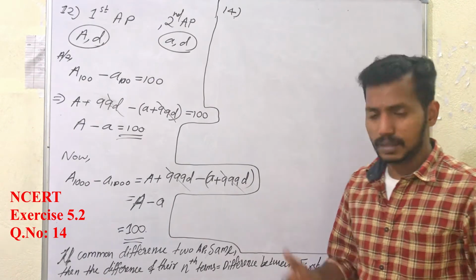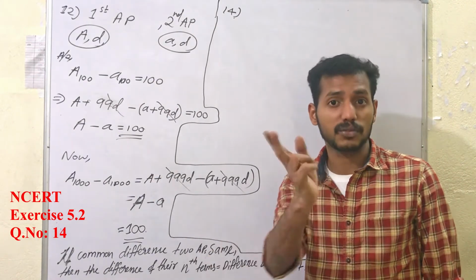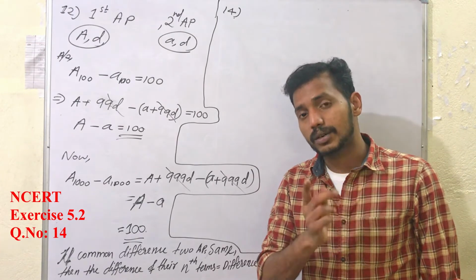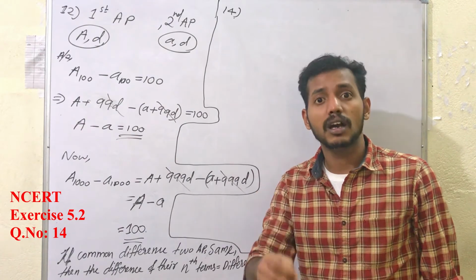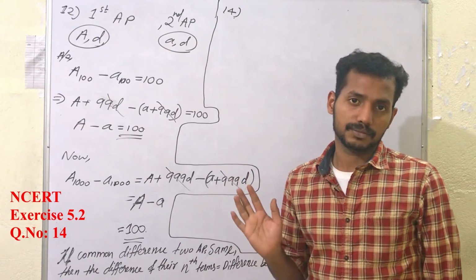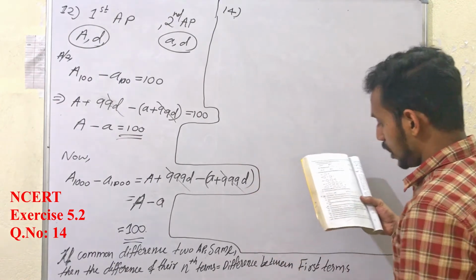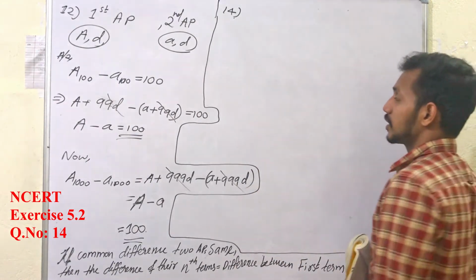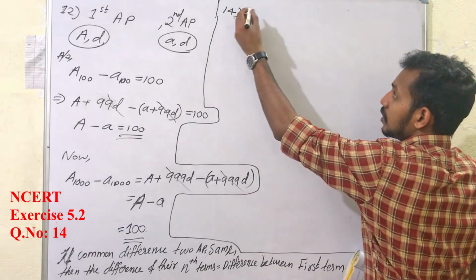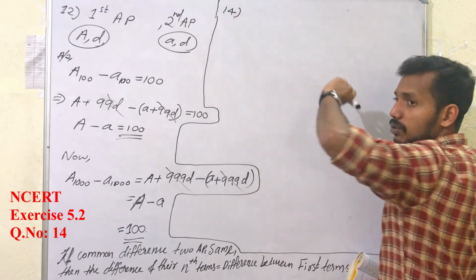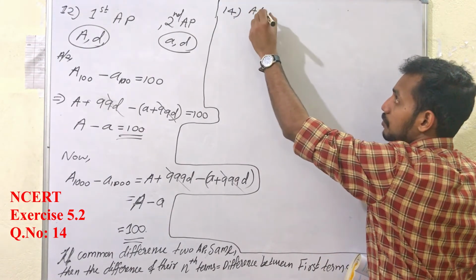Whenever we write the list of multiples, it forms an AP, because the difference between any two consecutive terms in that list will be equal to the particular number. Clear? So here, how many multiples of 4 lie between 10 and 250?